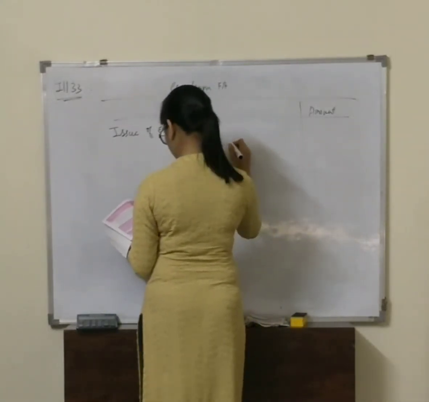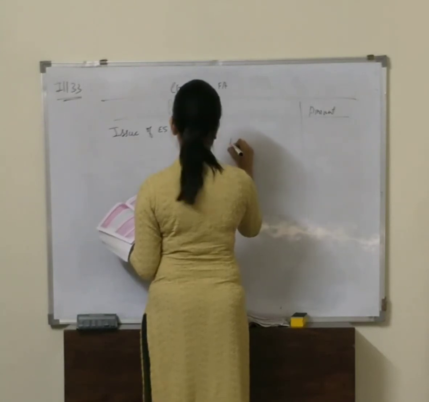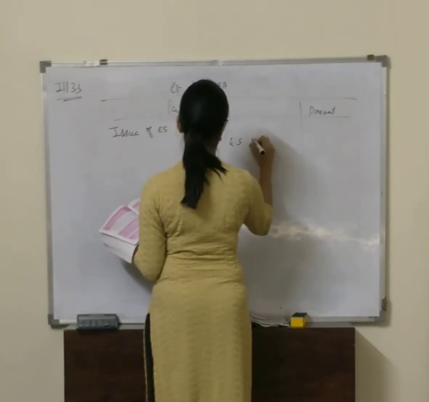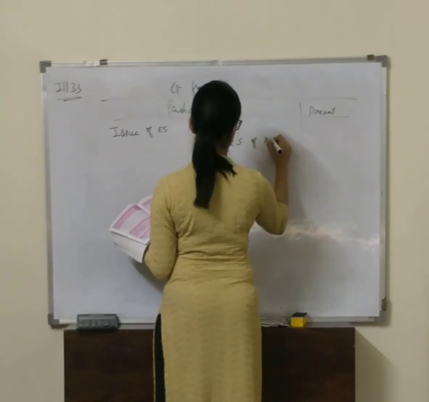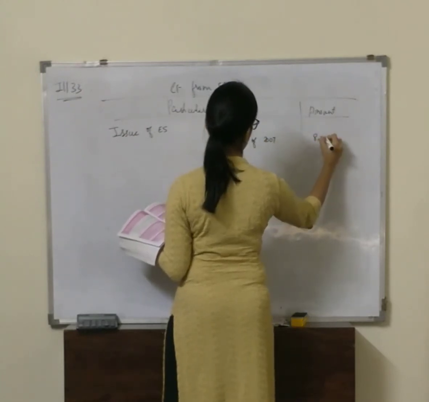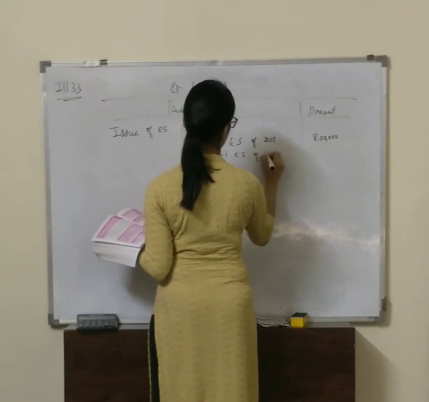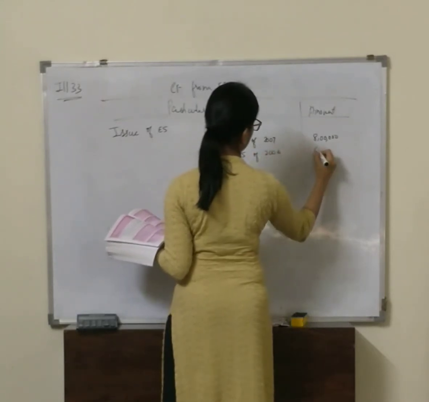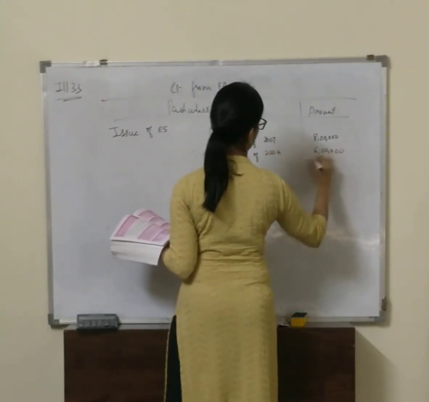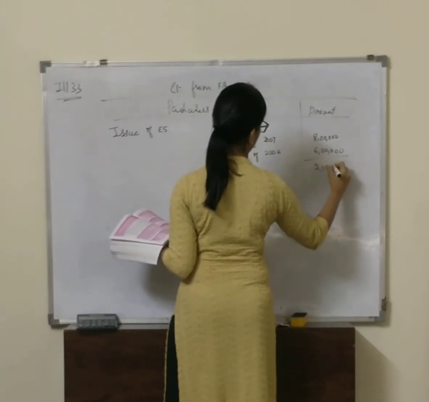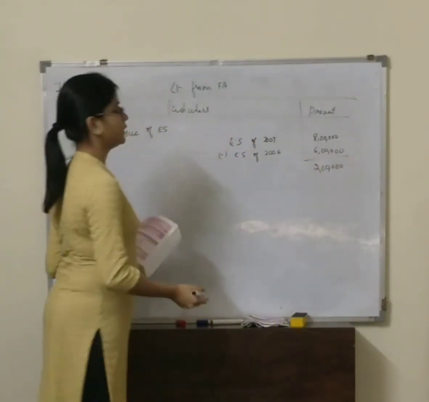So first it will be equity share of 2007 8 lakh less equity shares of 2006 6 lakh, we get 2 lakh as a fresh issue of equity shares.